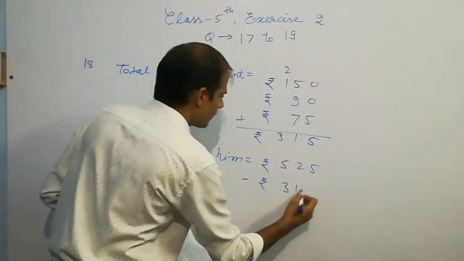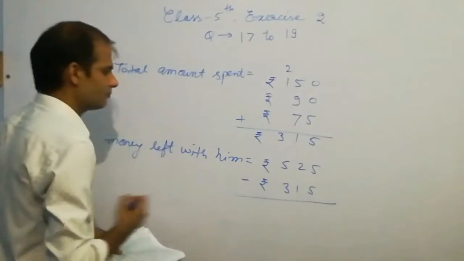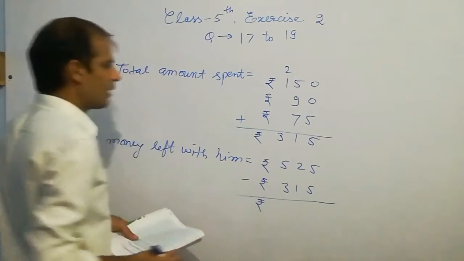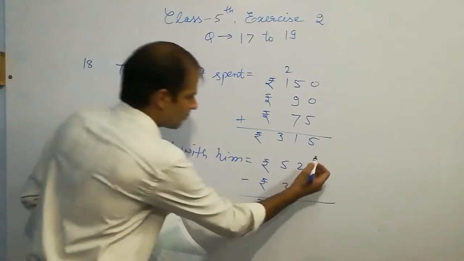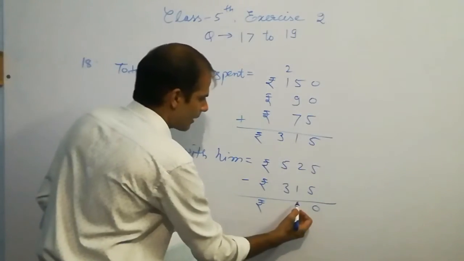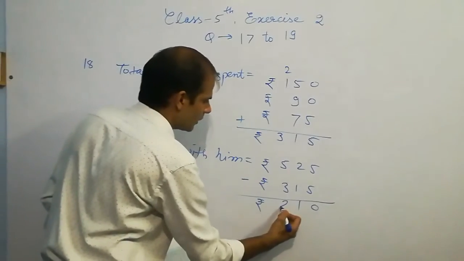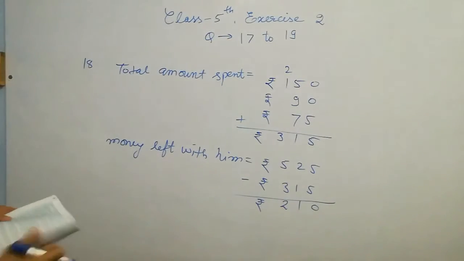Subtract 315 from 525. So it is 5 minus 5 0, 2 minus 1 1 and 5 minus 3 2. Finally rupees 210 was left with Ajay. So it is the answer of question number 18, 210.